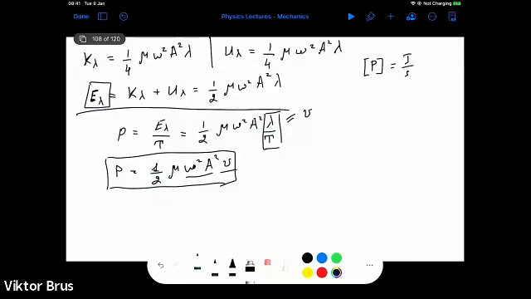Next week, according to our plan, we will start working with sound. And if I'm not mistaken, that's probably the last topic in the framework of classical mechanics. After sound, we will move to molecular and thermodynamic physics.